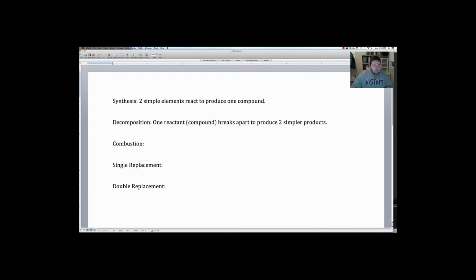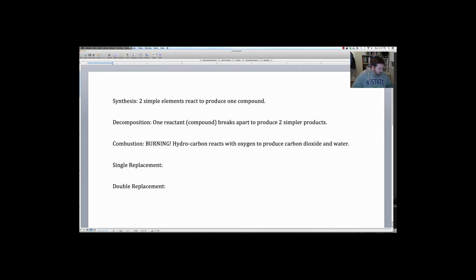We now go to combustion. Combustion is burning. And what we have is a hydrocarbon, which is a carbon-hydrogen compound that reacts with oxygen. And we always produce carbon dioxide and water.